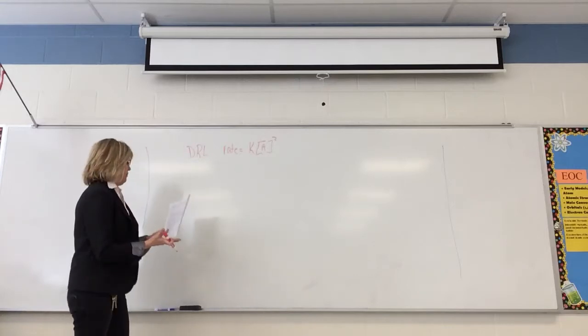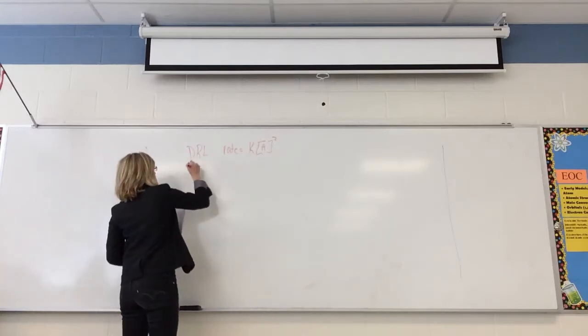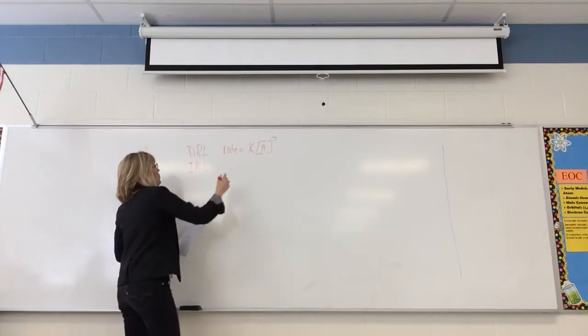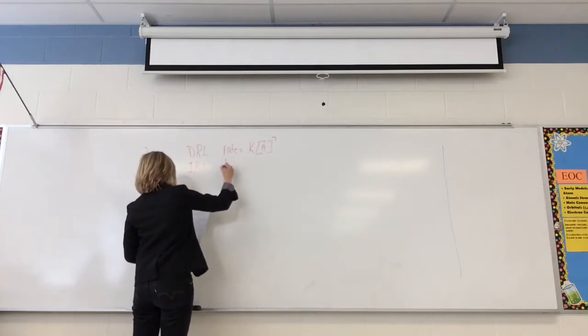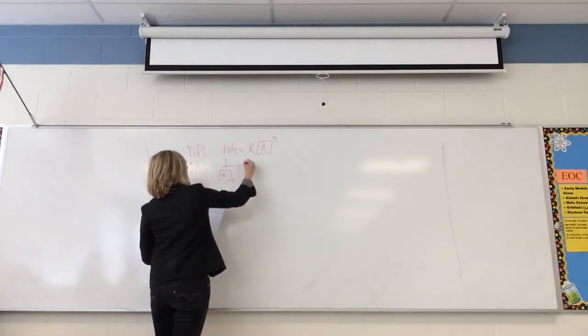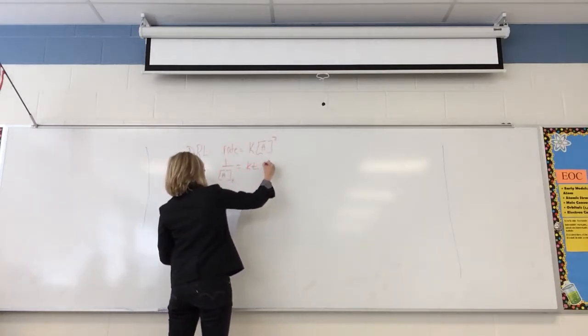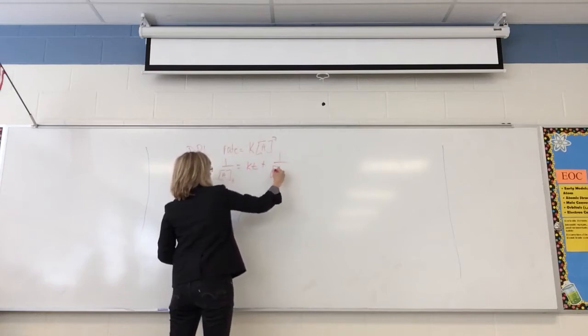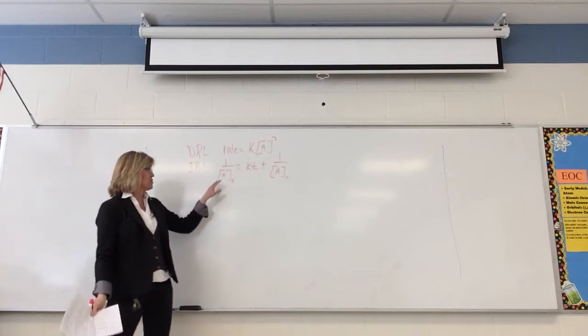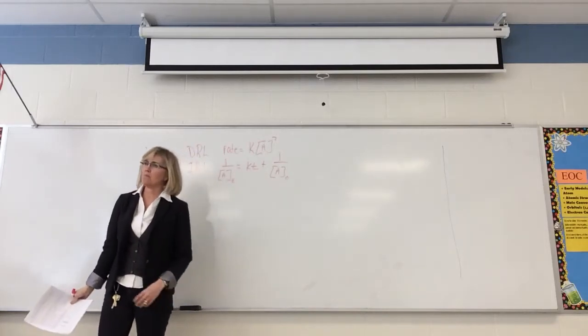If we integrate that, we're just going to say it magically integrates itself. We actually get this: 1 over the concentration at a given time is equal to kt plus 1 over the concentration initially. Okay, that is the integrated rate law.